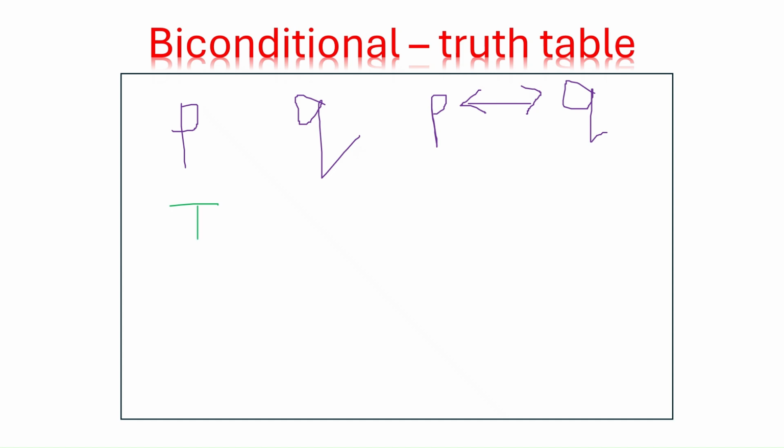True, true, false, and false. Okay, that's your P. It will always remain fixed. Then we have Q, which is T, which is F, T, and F. Okay, so these tables are quite easy, actually.